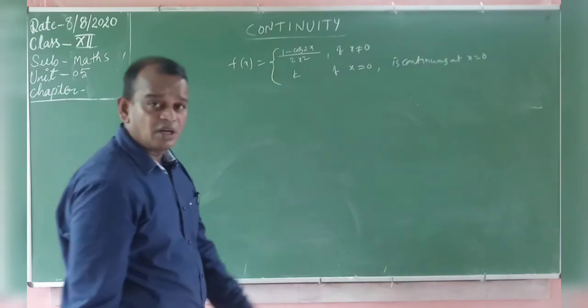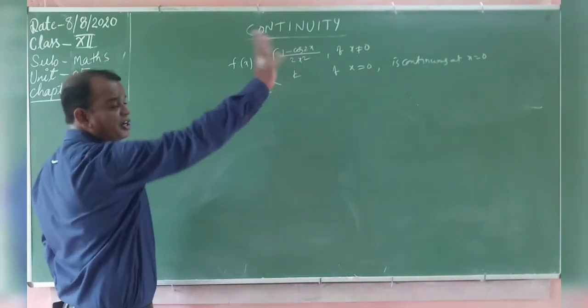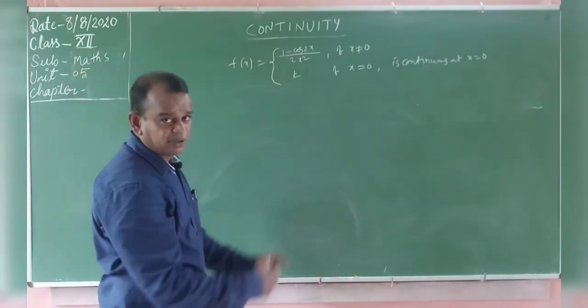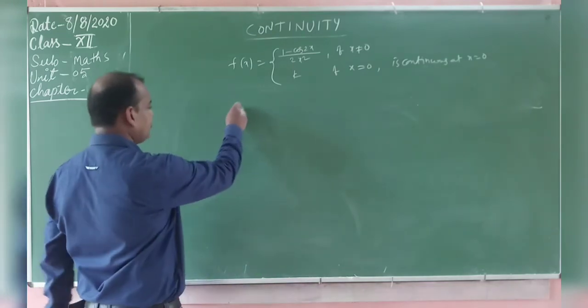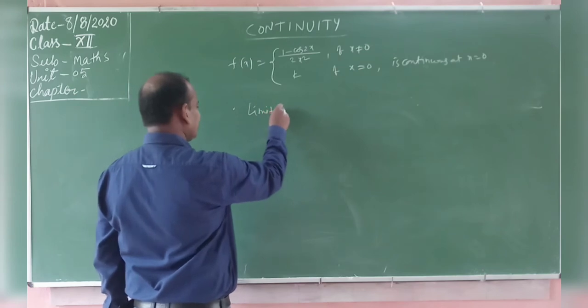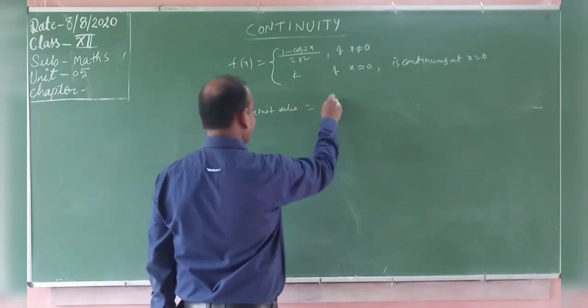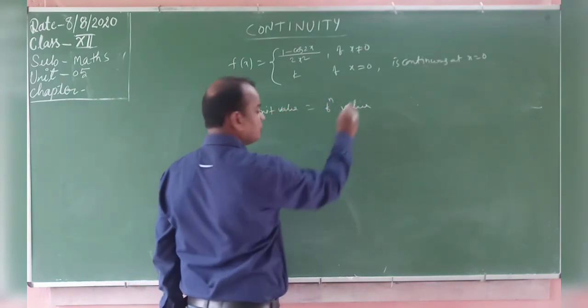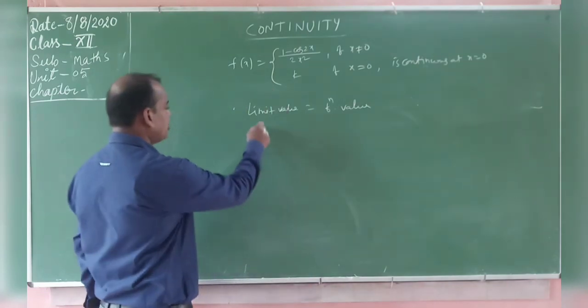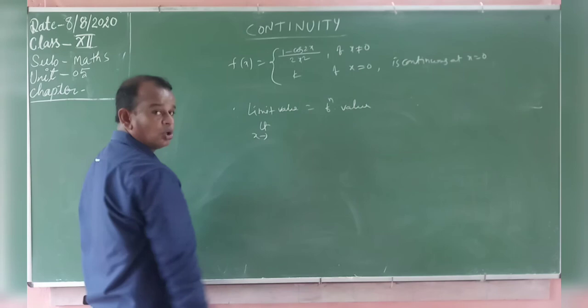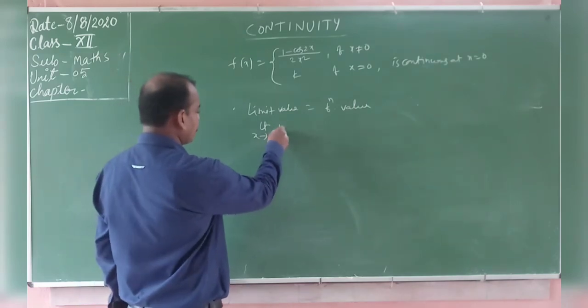Now write the formula. Given that f is continuous at x equal to 0, write that down. Therefore, the limit value is equal to the function value. Limit value formula: limit x tends to a, here 0, of f of x.